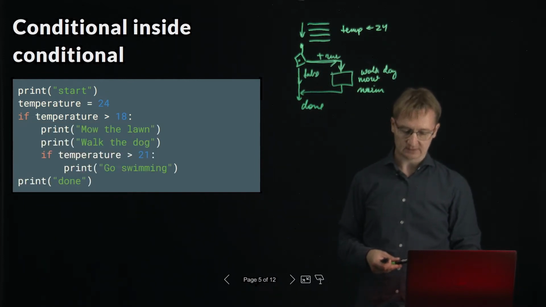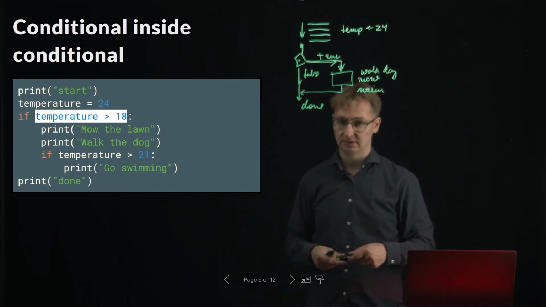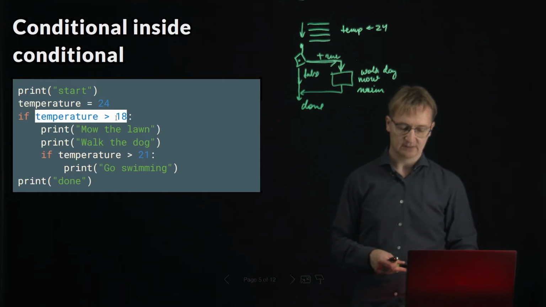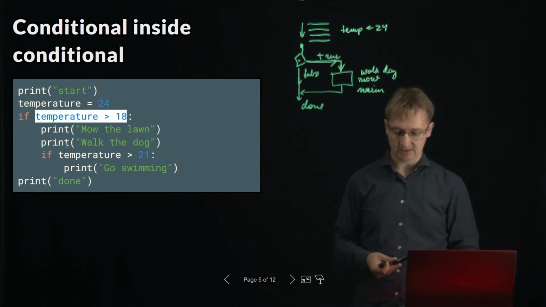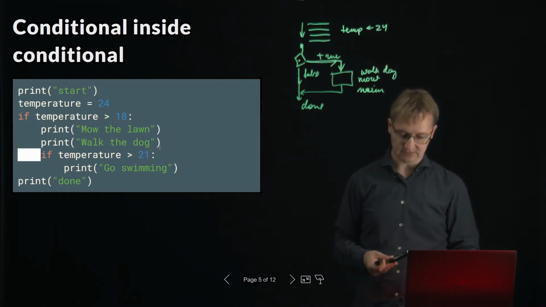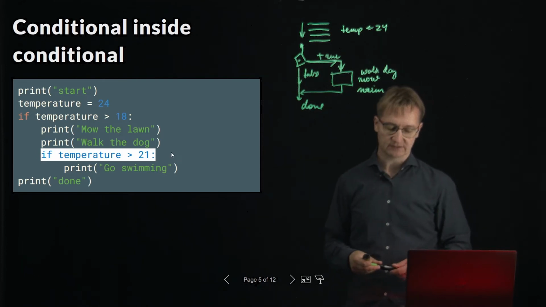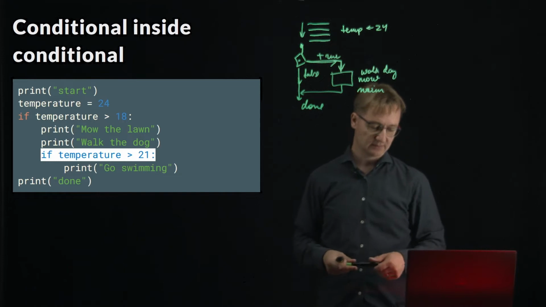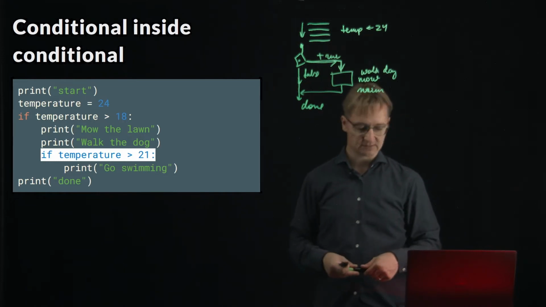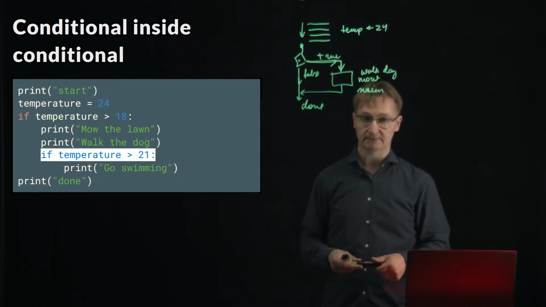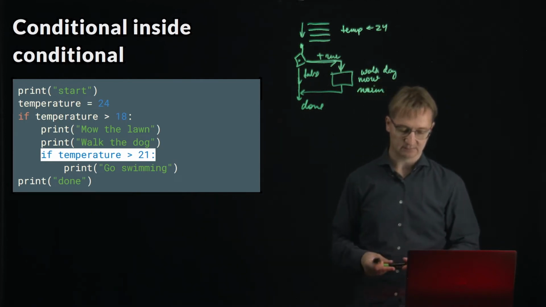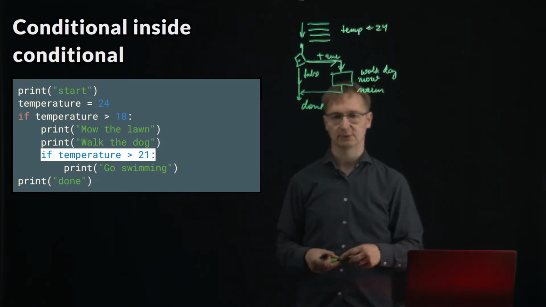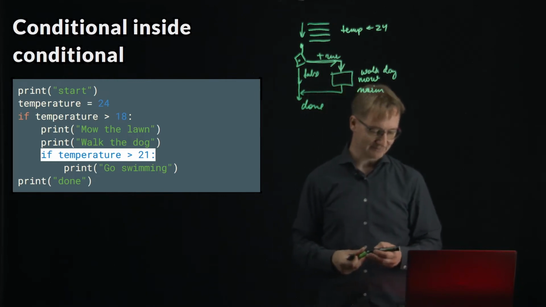But if the temperature is above 18 degrees, then we print out 2 lines, and then we have an additional condition. If the temperature is above 21, then we go swimming. If it's only 20 degrees, then we don't want to go swimming, and we just mow the lawn and then walk the dog. So it's just an example.